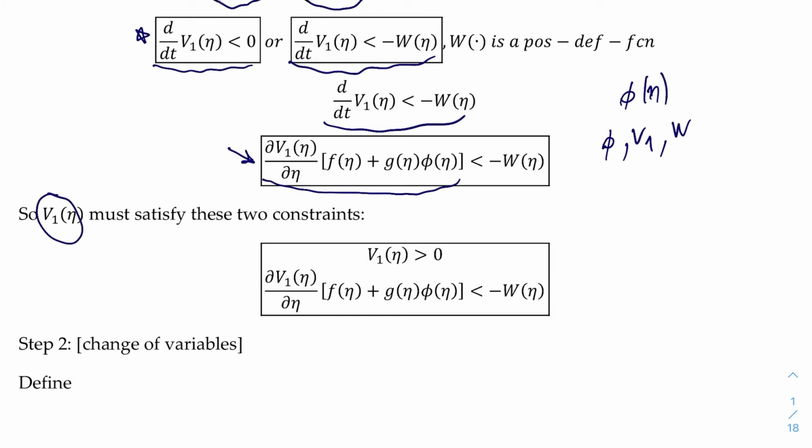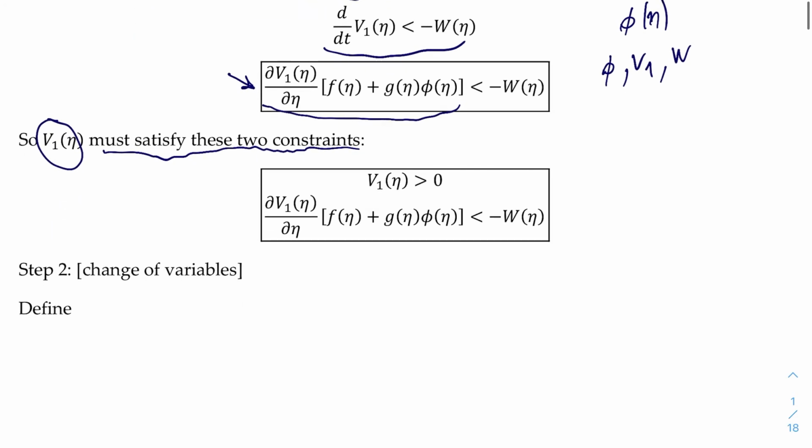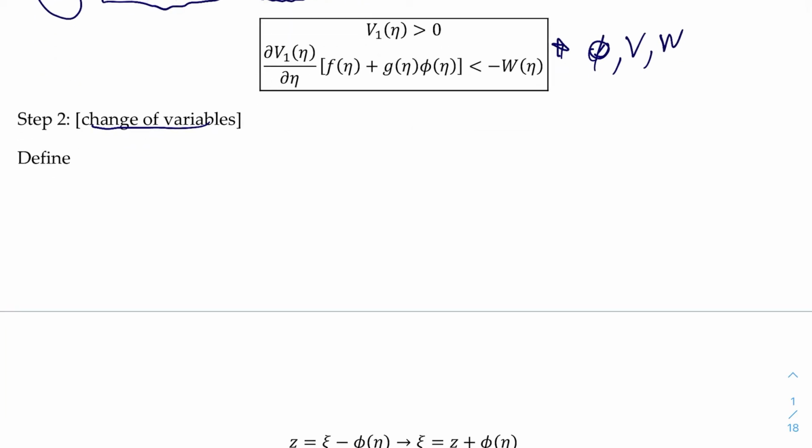So the Lyapunov function must satisfy these two constraints. We are slowly building on it. And step 2, change of variables. This is our problem: find phi, V, and W, all functions of eta.